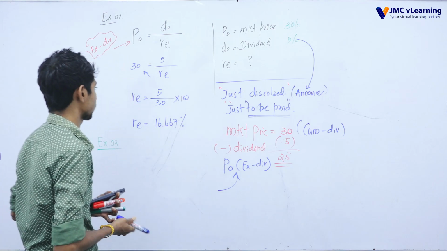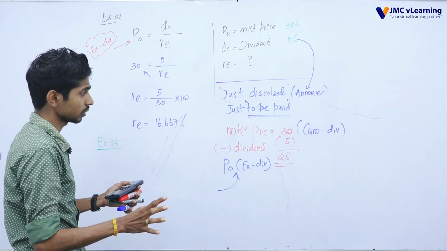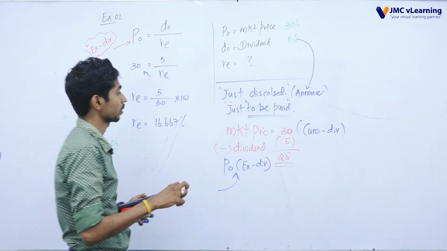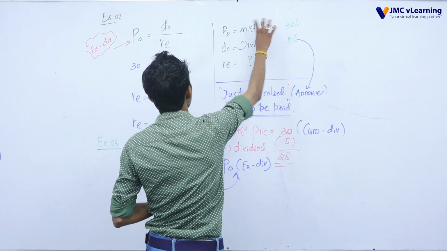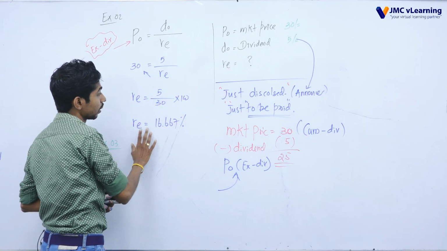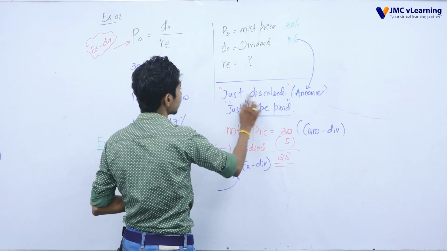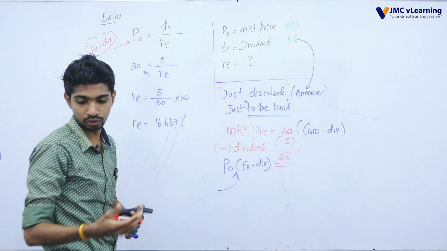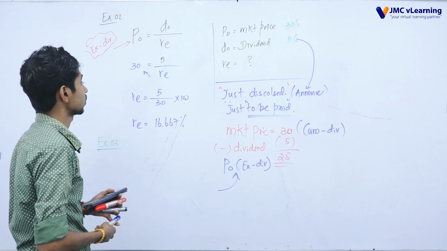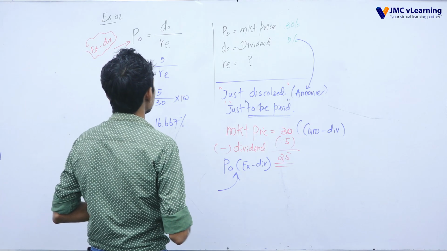If no information has been mentioned, we assume it is ex-div, as in example number 1. Here market information is available, so we can do it in this method as well. But keep in mind, this question has mentioned just disclosed, announced: dividend 5 rupees yet to be paid.